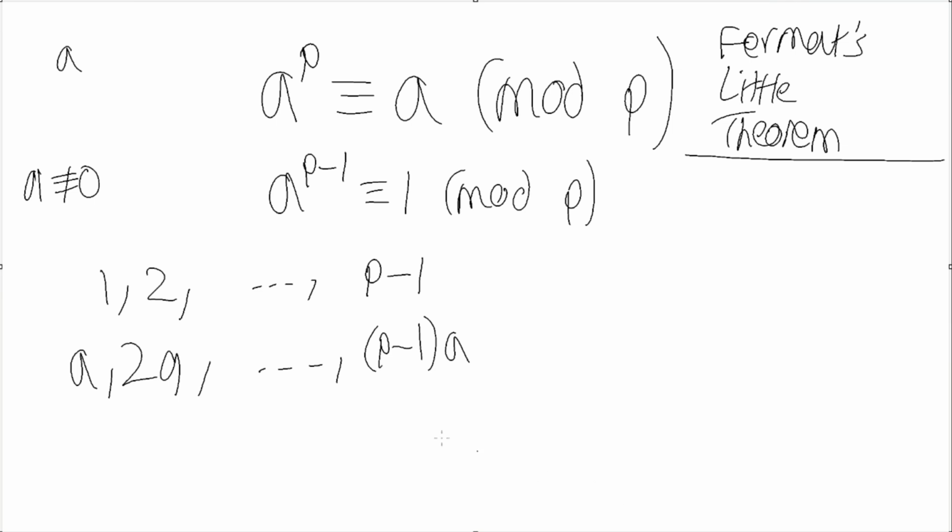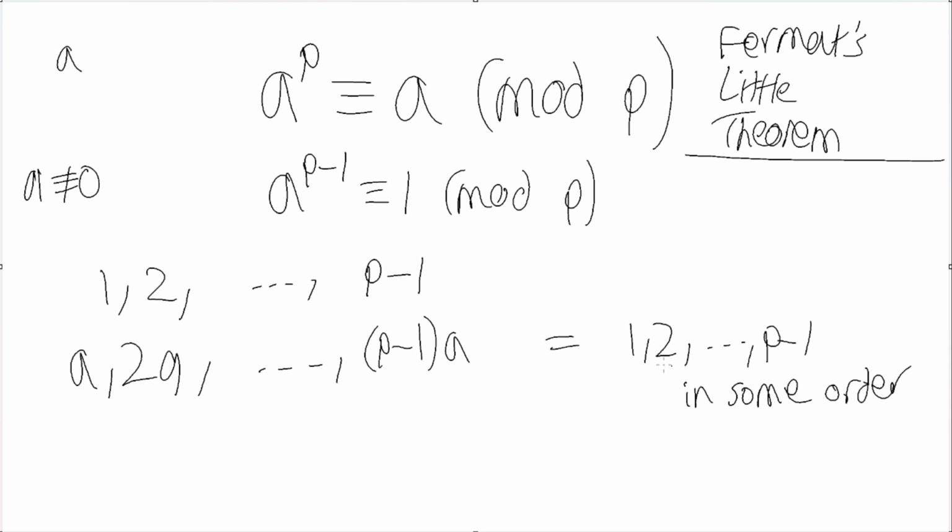Then could it possibly just be the same list of numbers again? So could this just be 1, 2, all the way to p minus 1 again? Obviously, this can't be the exact order, so it has to be in some order. In other words, is every number on this list here on this list over here, and vice versa?